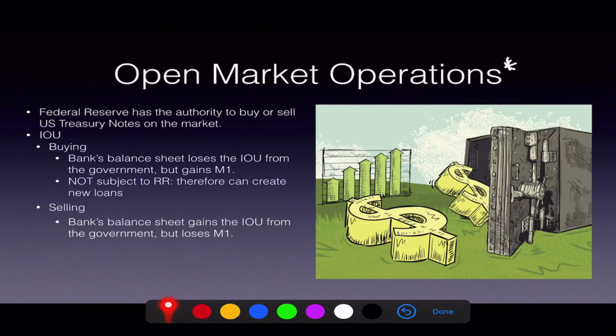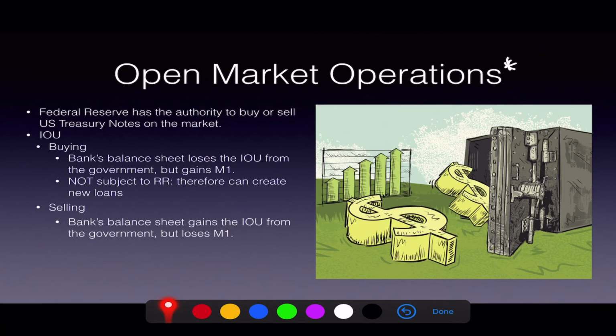So, for example, if the Federal Reserve were to buy a $10,000 Treasury note from a bank, well, that means that coming out of the bank's balance sheet is going to be this asset that they had, this IOU, a promise from the government for $10,000 at some point in the future. If the Federal Reserve buys that bond, there's going to be money put into the account of these banks, and that money is going to be new money in the system, right?